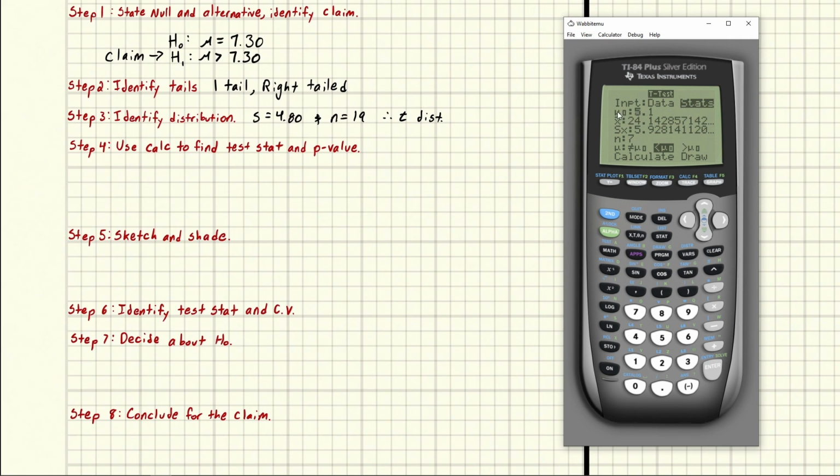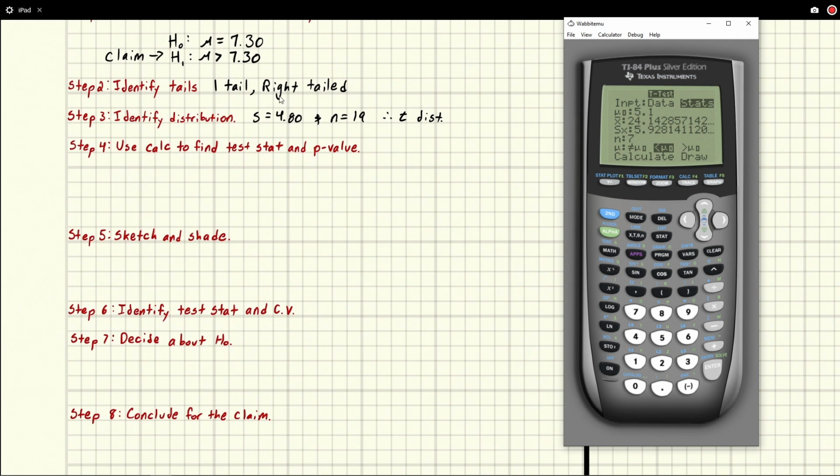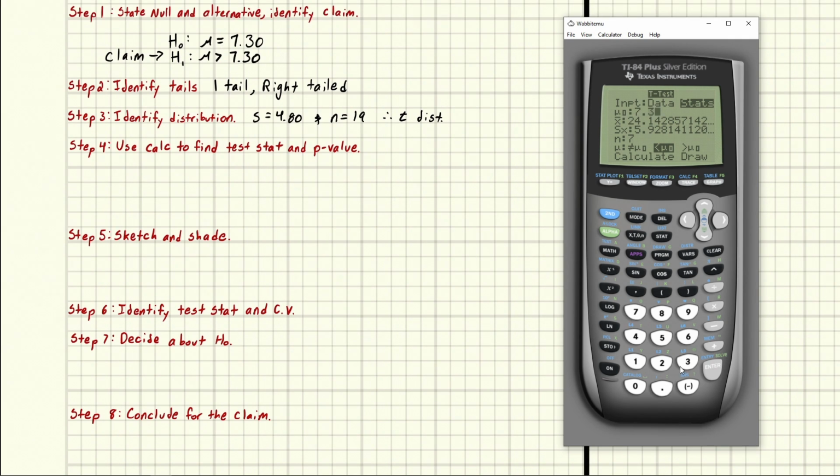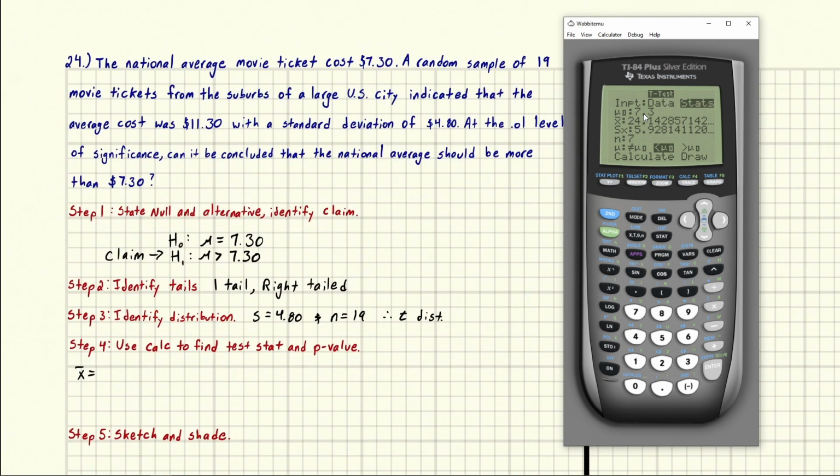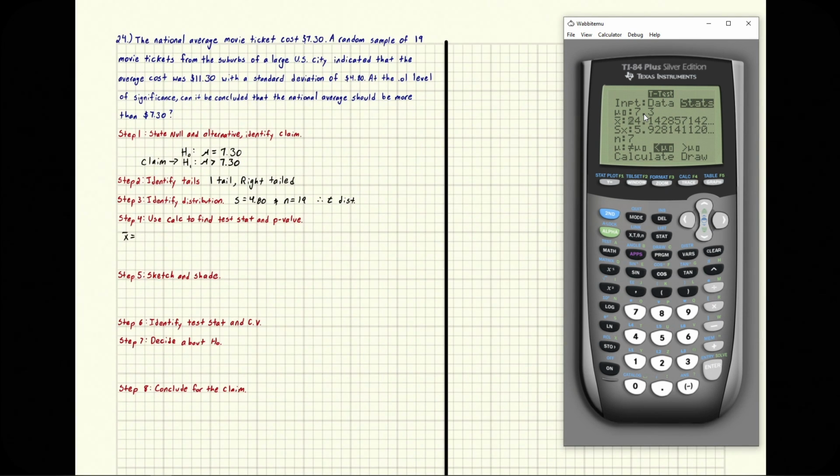And now for our mu naught is $7.30, 7.3. X bar is simply the study. We conducted a study and got a different mean, right? So our X bar from our problem, from our 19 samples, if we look up here, we had a sample of 19. We found from our 19 samples indicated that the average cost was $11.30.